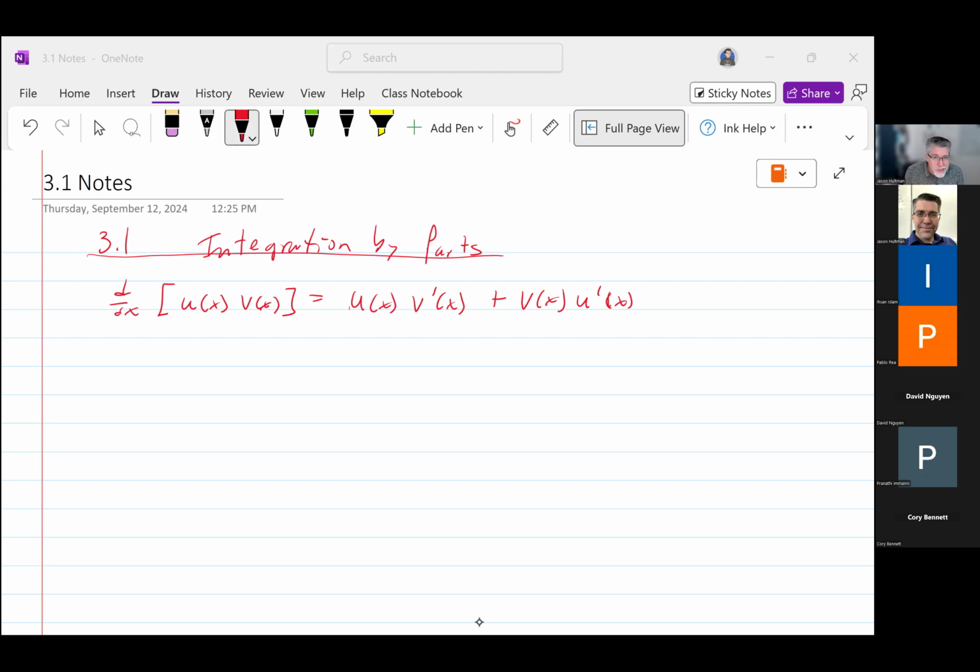Okay, when we integrate a product of two functions, we have to do it in kind of a roundabout way.